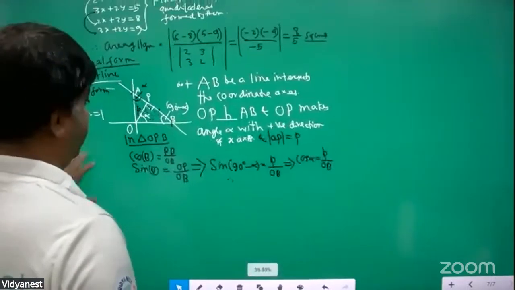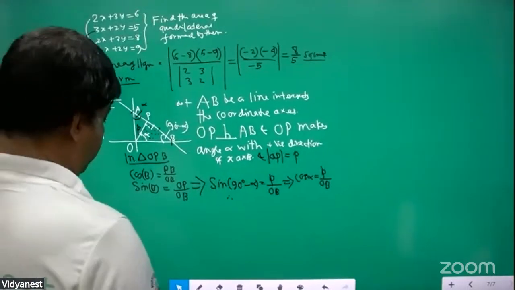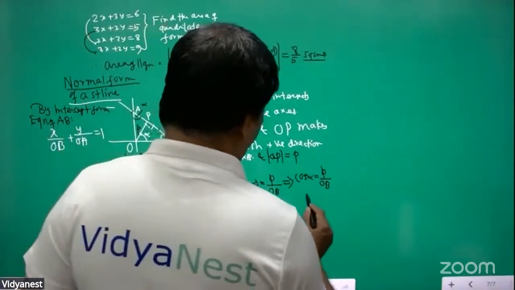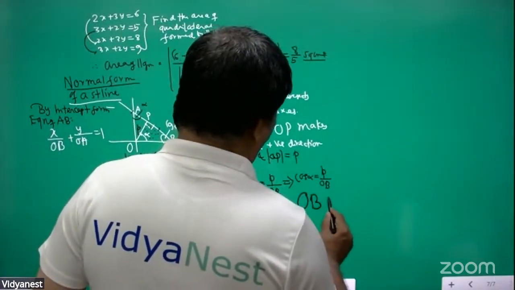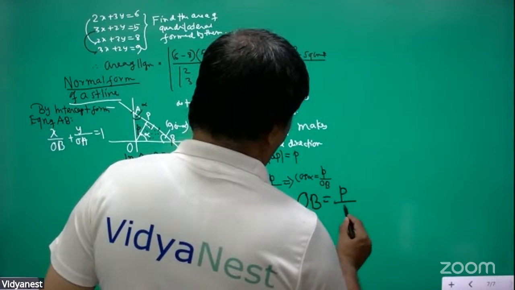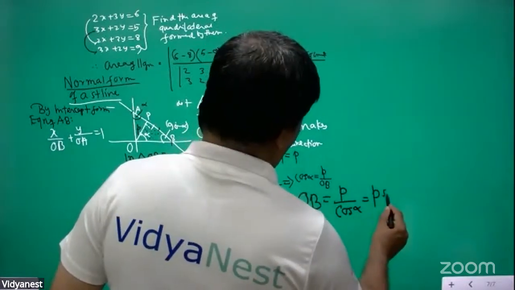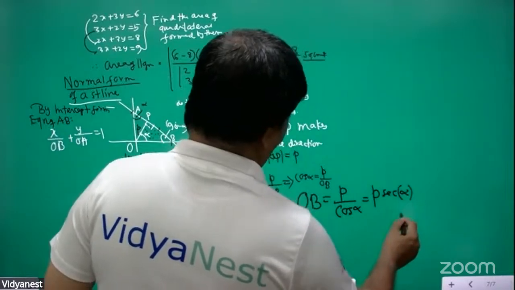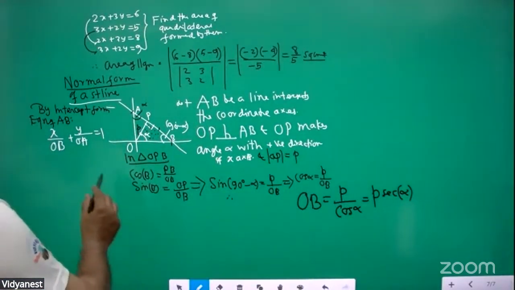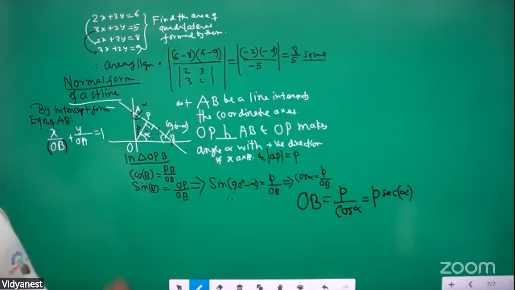So, OB is what? p by cos alpha, p sec alpha. So, instead of OB, I can write p sec alpha.